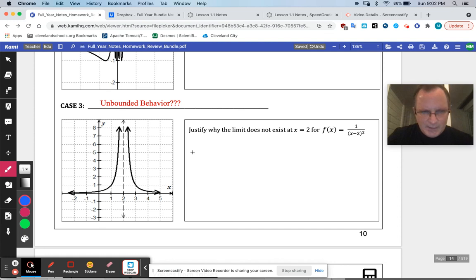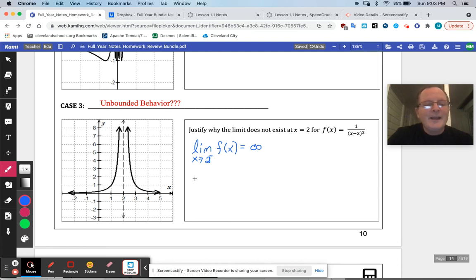All right, so the limit as x approaches 2 from the left of f of x is infinity.